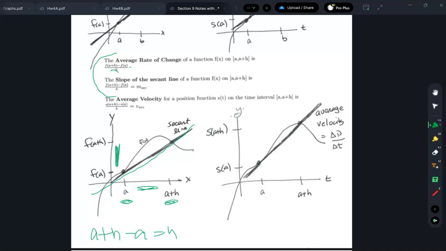Now, if we're looking at a position function s of t, that changes our x-axis to t because we're in time, but it's not any different. So s of a plus h, subtract off s of a, divided by a plus h minus a, that gives us h, that's the average velocity.